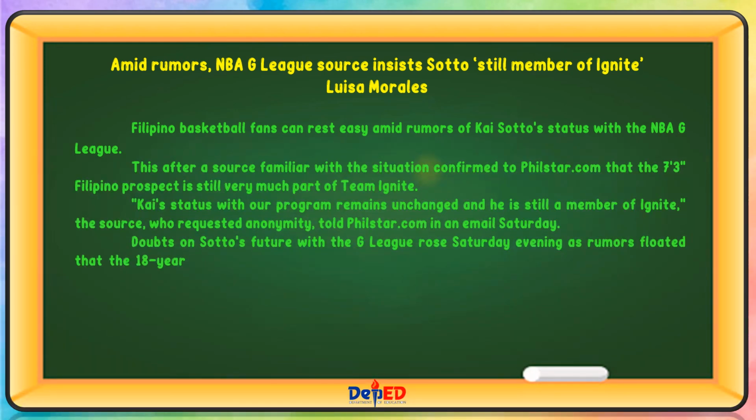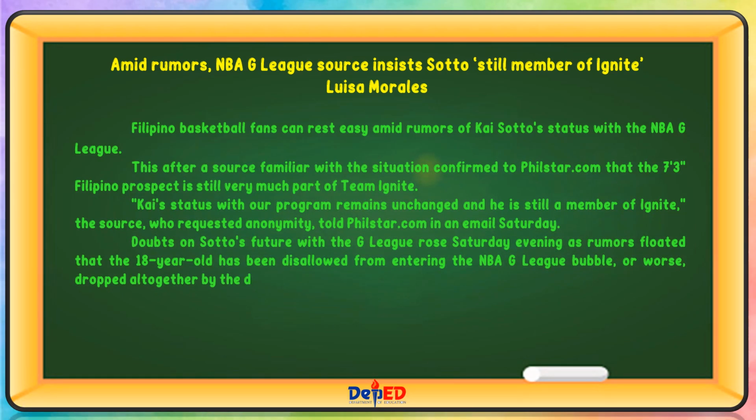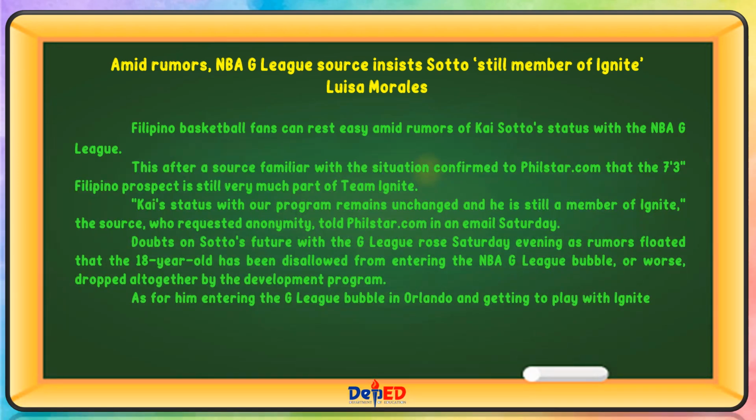Doubts on Soto's future with the G League rose Saturday evening as rumors floated that the 18-year-old has been disallowed from entering the NBA G League bubble or worse, dropped altogether by the development program.